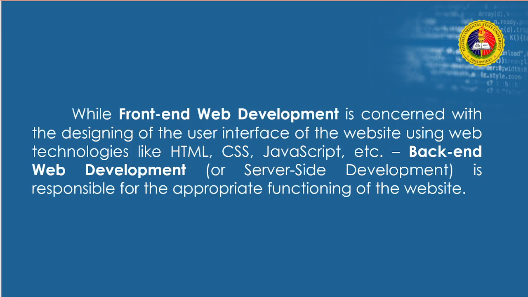However, for example, when you post a picture, how exactly does the picture get from your phone to Facebook? That is something the back-end technology is responsible for. So back-end technologies are for the functionalities of the website.